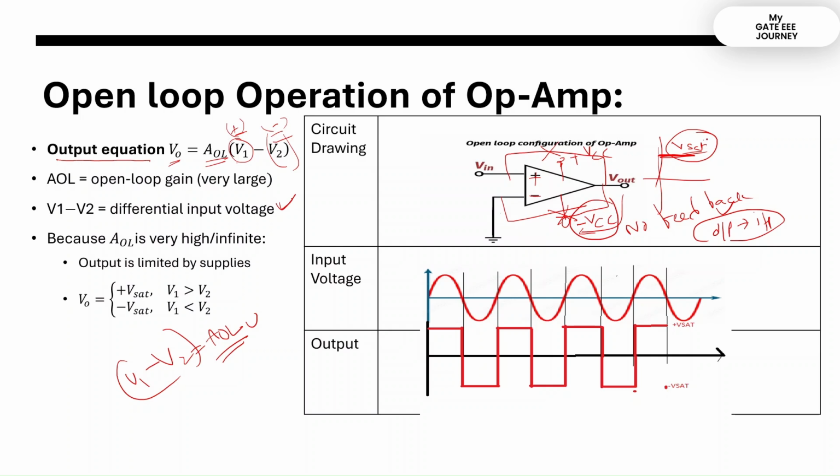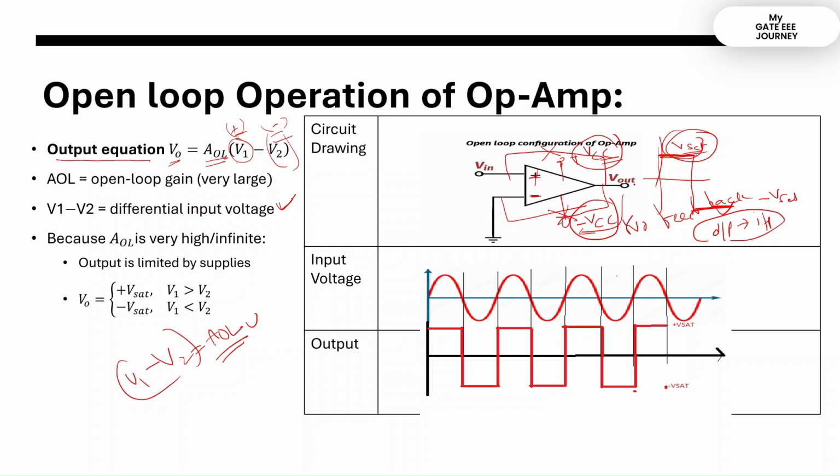V saturation is almost equal to VCC, means supply voltage of positive terminal. And if voltage at the positive terminal is less than voltage at the negative terminal, the output will go to negative saturated voltage, means minus VCC.